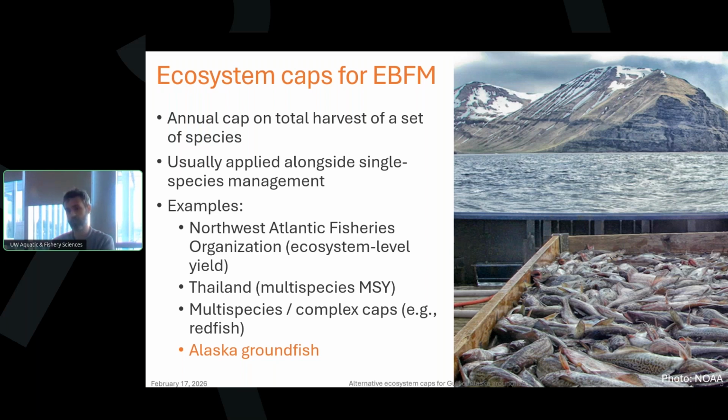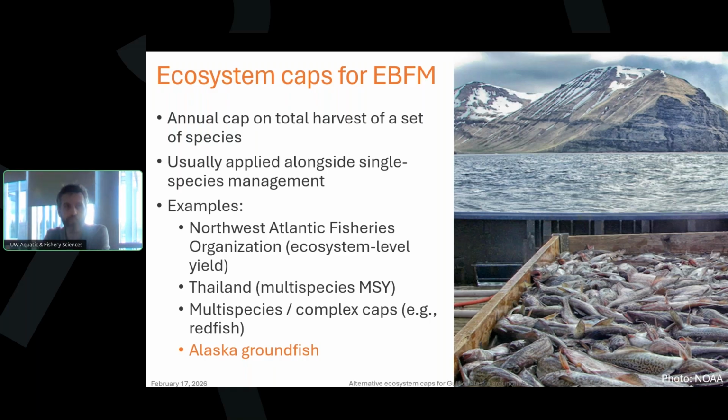The examples that I'm aware of, and please chime in if you are aware of more, are a couple of systems that look at ecosystem level yield, or multi-species yield, or multi-species MSY, or some declination of that concept, and that includes some of the offshore fisheries in the North Atlantic that are managed by the Northwest Atlantic Fisheries Organization.